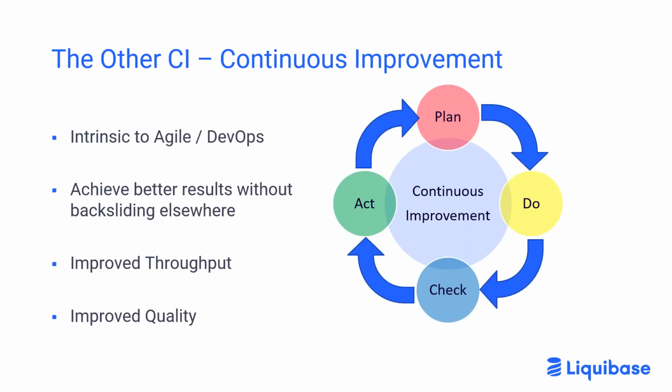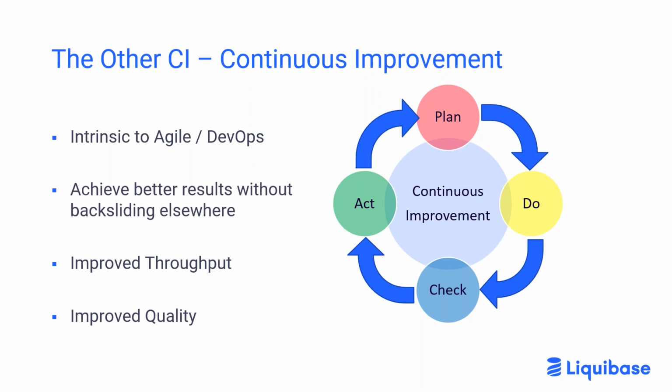Second reason that we talk about it is that it serves as a proxy for continuous improvement. Gaining speed forces you to focus on what I call the other CI in CI/CD, the hidden CI in some respects, is continuous improvement. It's an intrinsic discipline underlying just about every Agile or DevOps practice out there.